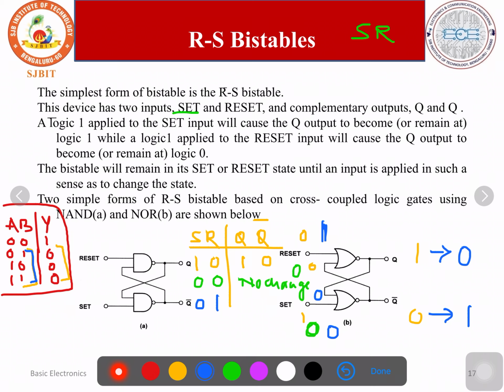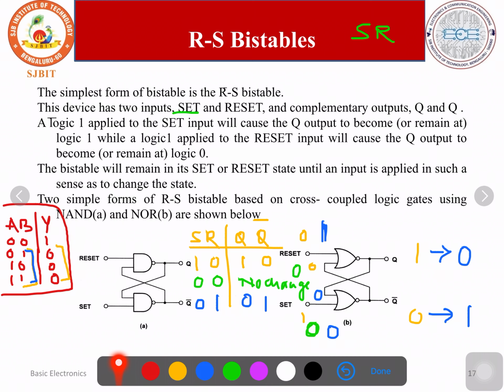Now Q becomes 0, Q bar becomes 1. This state is called a reset state because S is equal to 0, R is equal to 1. R equal to 1 means our intention is to reset it. So earlier it was set, now it has changed to reset. If it is in the reset state, it maintains the same reset state. Otherwise, it changes from set to reset. So our intention is to reset it.